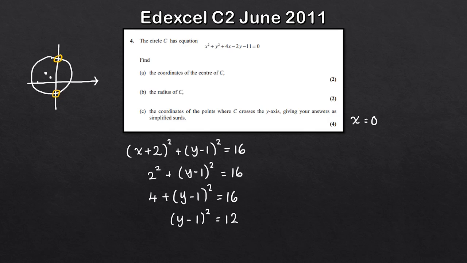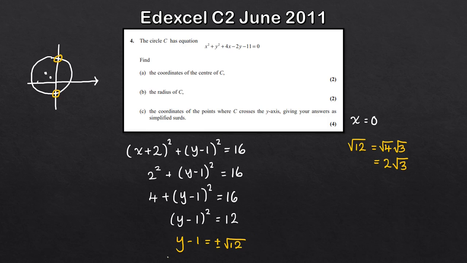Okay, and if we just finish from here now, I'll do it in orange. Square root in both sides, I get y minus 1 is equal to plus or minus the square root of 12. And we want to give our answers as simplified surds. So remember, square root of 12, we can write that as root 4, root 3, which root 4 is 2, so this is 2 root 3.